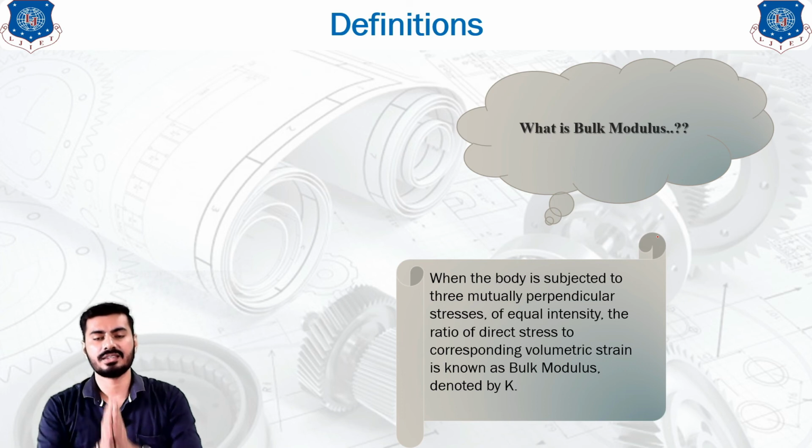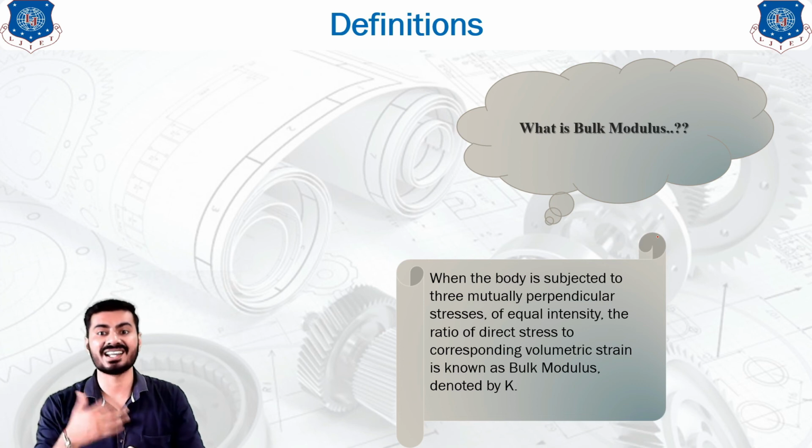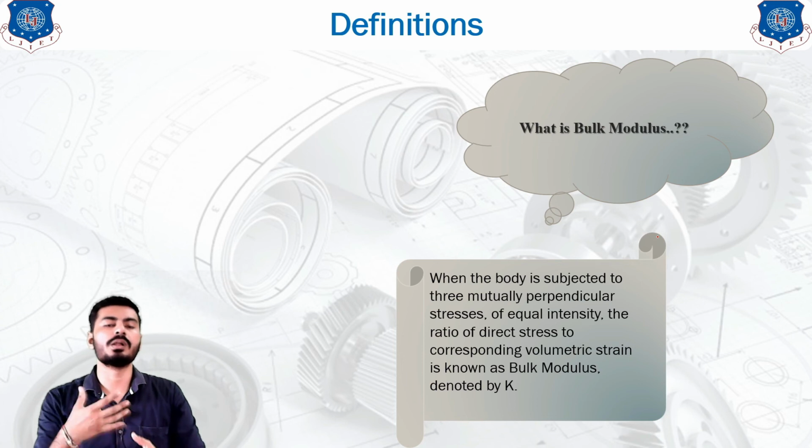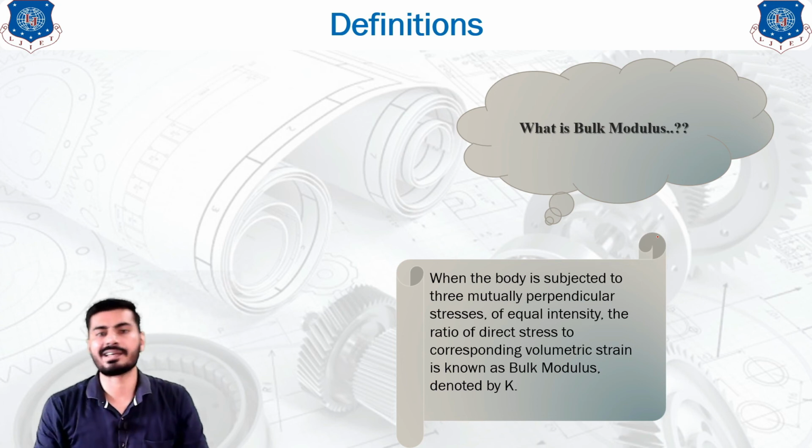Consider that three mutually perpendicular stresses are acting on the body in three different directions but with equal intensity. Then the ratio of the direct stress to the corresponding volumetric strain is known as the bulk modulus, which is denoted as K.